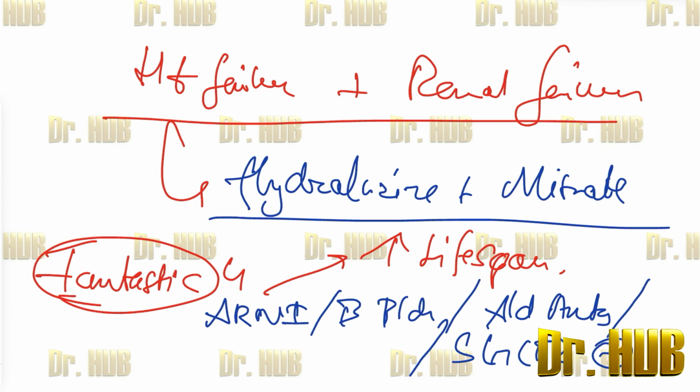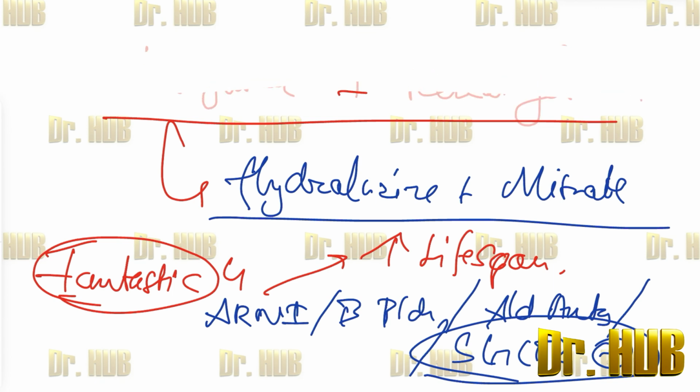The SGLT2 inhibitors include empagliflozin as well as dapagliflozin. They are known as the Fantastic Four because mortality is reduced.